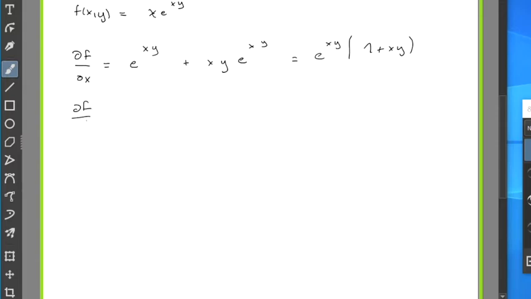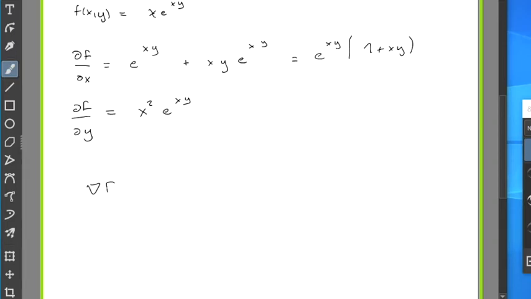The y derivative, same idea. We derive it as if it only depended on y. So then the only thing that we have to derive is the exponential function, and when we do that, we get an inner derivative x. So the result is x squared e^(xy).